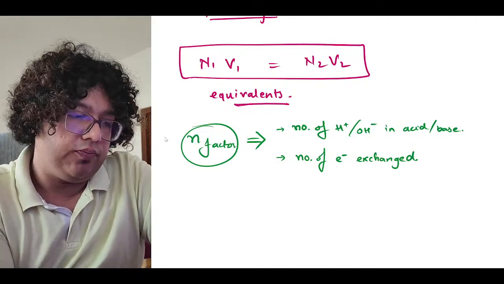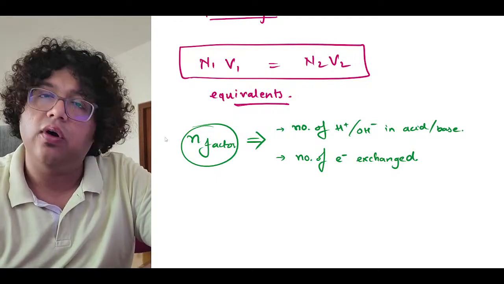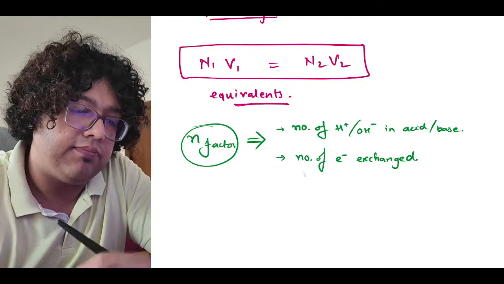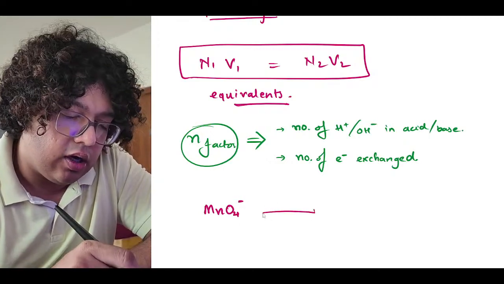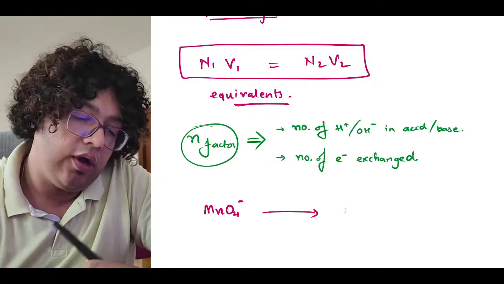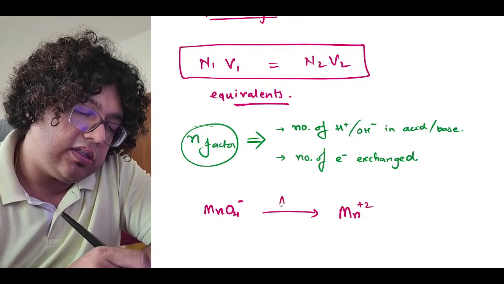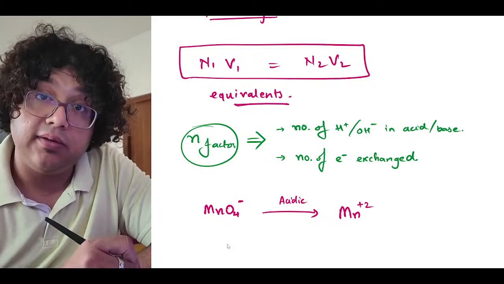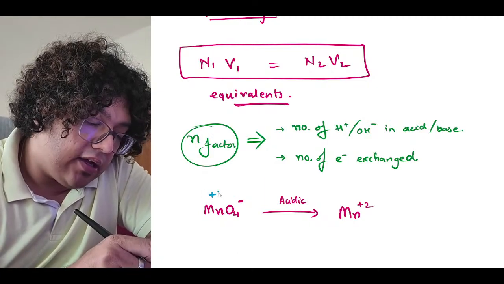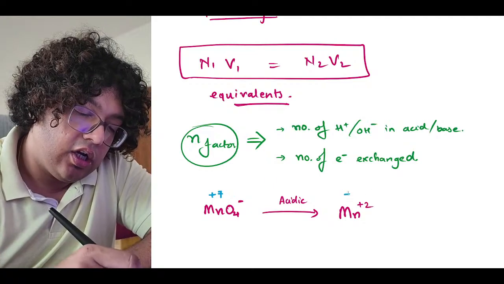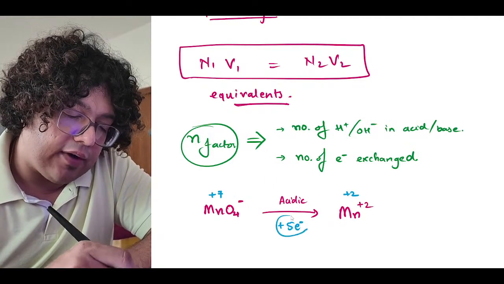Let me give you a very simple reaction, MnO4 minus. We did this oxidation reaction using KMnO4, where MnO4 minus got converted into Mn2+. This is generally what happens in an acidic medium. Mn will jump from plus 7 oxidation state to plus 2 oxidation state and will technically absorb 5 electrons.